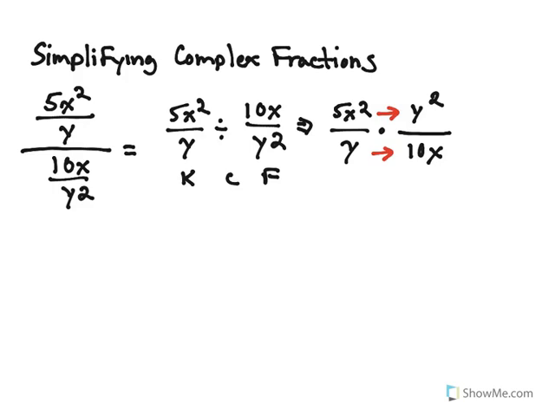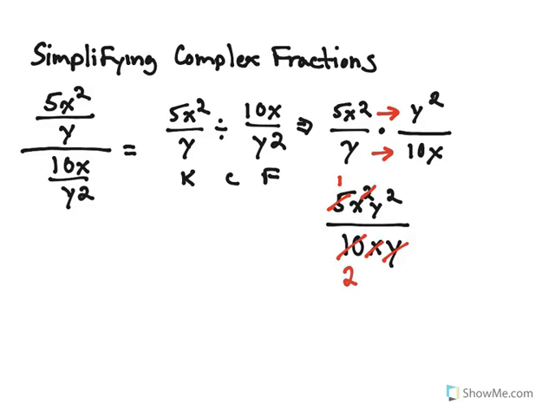Okay, when you do that, this is going to give you 5x squared y squared, and then this is going to give you 10xy. Just going to write it in alphabetical order, and then you can go ahead and reduce the fraction like you normally would. 5 goes into 5 once, 5 goes into 10 twice. You can also cancel one of these x's out.